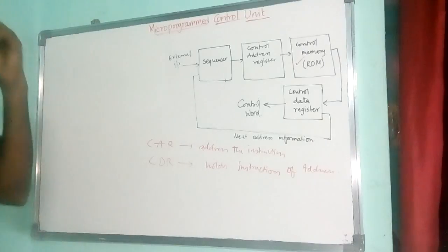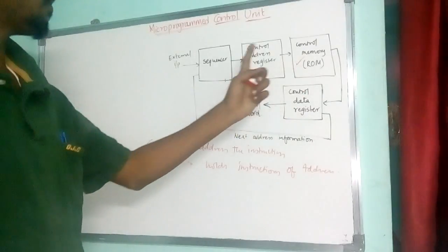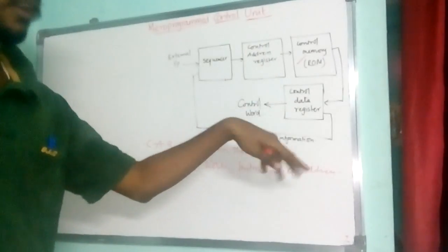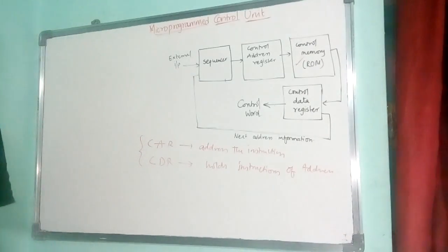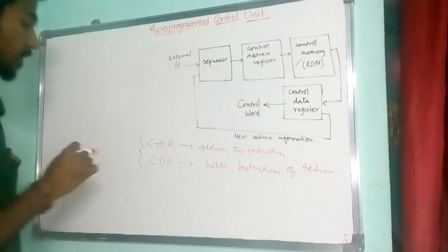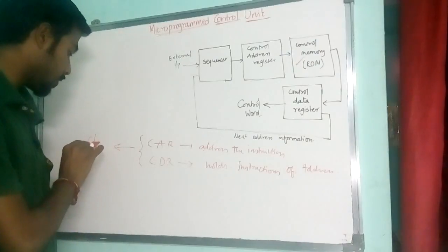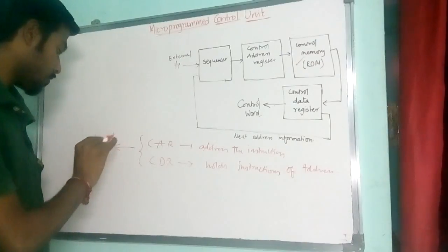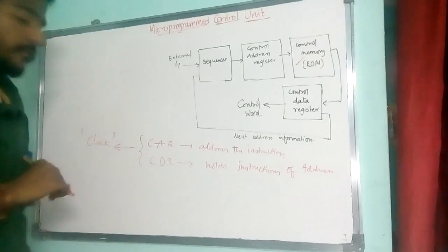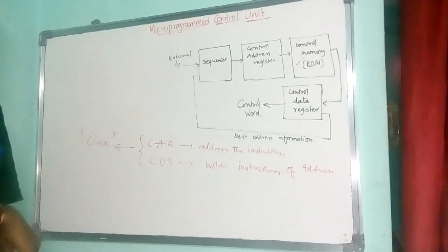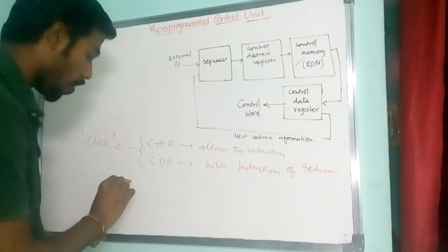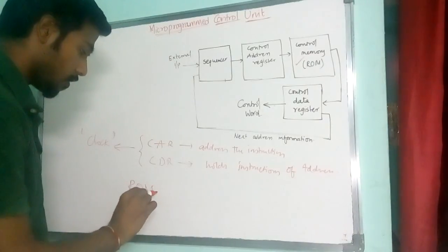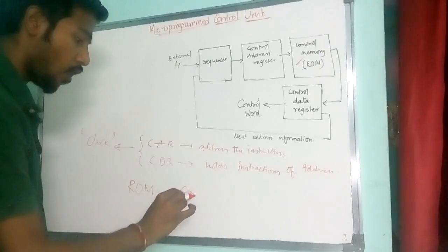Now if you see these four blocks, sequencer, control memory and the two registers, only these two are the registers. That means these two are the timing circuits which need a clock signal. I need to apply clock signals for both. Whereas here ROM acts as a combinational circuit.